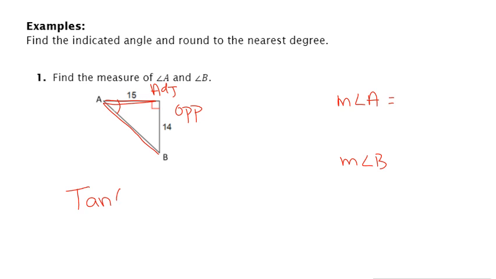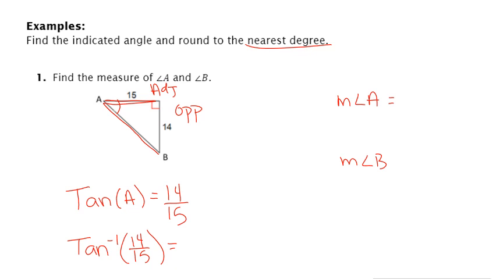The tangent of angle A is 14 over 15. Again, I'm not dividing by tangent or anything. I have to use my inverse. So in my calculator, I would do second and tangent of 14 over 15. To the nearest degree, the measure of angle A is going to be 43 degrees.